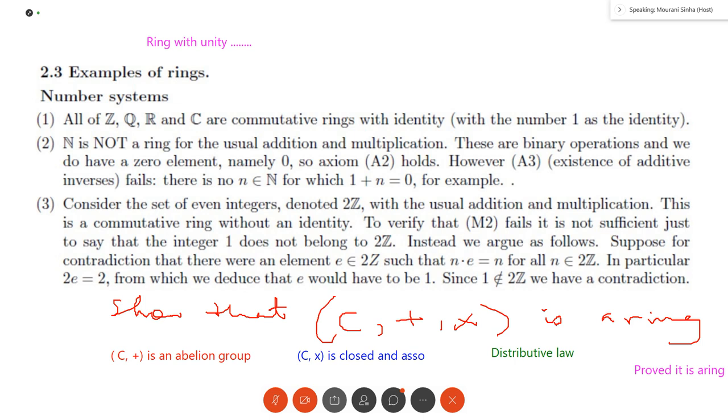It is unity actually because 1 is there. So 2Z was the only exception which has no unity. But generally, the multiplicative identity is 1, and that 1 belongs to most of the sets. So we have yes as the answer, that it is a ring with unity.